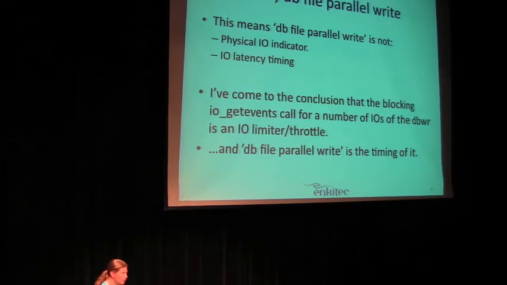And it has nothing to do with IO latency. That's extremely important, because if new IO is submitted and it starts waiting again, the IO get events will probably wait for the IOs of the previous IO submit. So it has nothing to do with IO latency time.